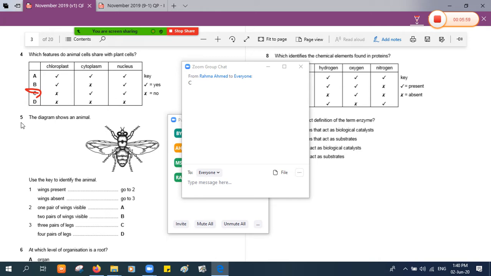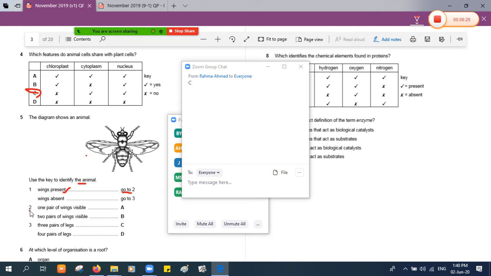Okay, let's move to number 5 here. Using the key to identify the animal. Here in this figure, let's think. Wings present or wings absent? Here I can see wings, so wings present. I have to go to question number 2 and not question 3.